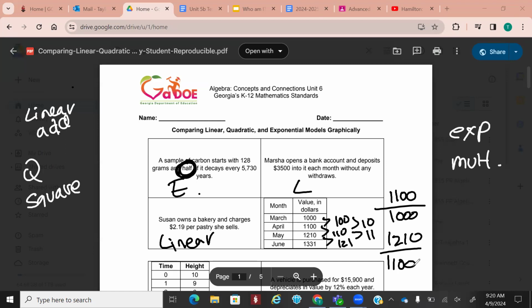That gives us 1.1. So it's exponential. There we go. Exponential, because it has the same rate that we're multiplying by each time. So remember, if the first difference isn't the same and the second difference isn't the same, it's probably going to be exponential, but we've got to make sure that it's going up by a rate.